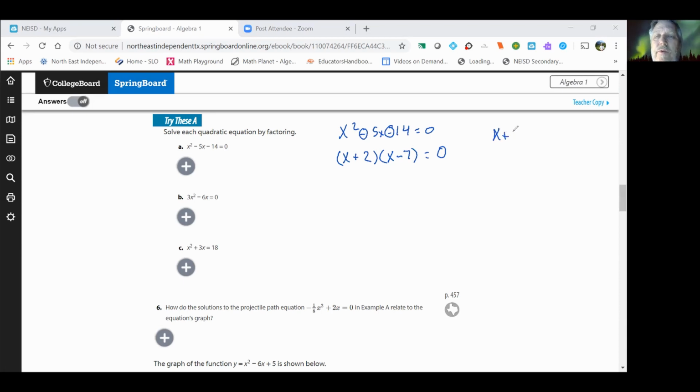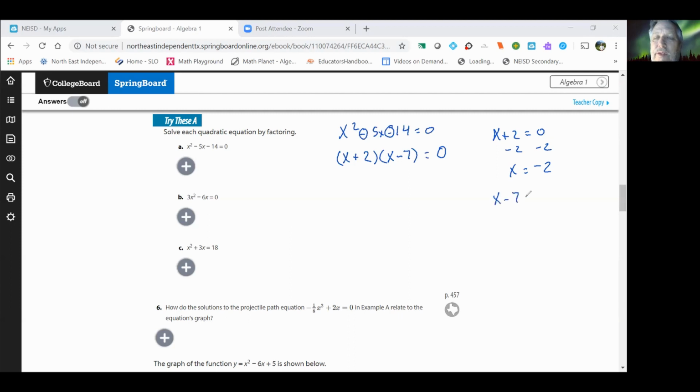So x plus 2 is equal to 0. When I solve for x, subtract 2 from both sides, x is equal to negative 2. So when x is equal to negative 2, this binomial will be a 0. 0 times whatever the other binomial comes out to be, the total is going to be 0. So now we set the other one equal to 0.